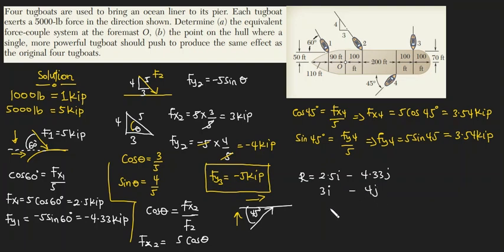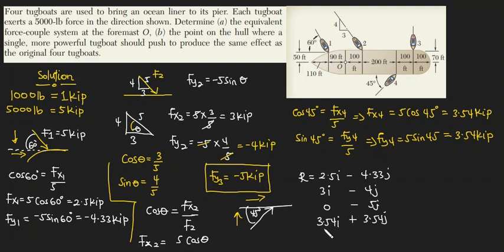And then the third force doesn't have an x component, so that will be 0, and it has just a y component, which is in the negative direction, so minus 5. And for the last force, it has the x component to be 3.54, and then the y component to be 3.54 also.